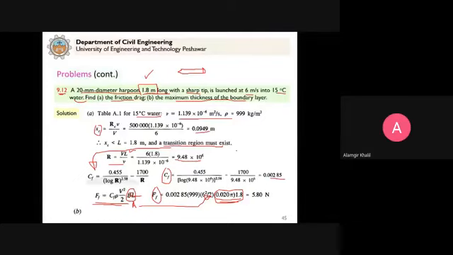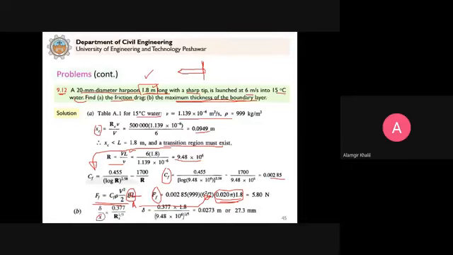So this is the friction, and the second thing is the maximum thickness of the boundary layer. So we already know that the thickness of the boundary layer increases with x. So that's why the maximum thickness will be at this point here, at the trailing edge. Clear? So that's why you put the entire length L, 1.8 meter. So in that case, x is 1.8 meter.